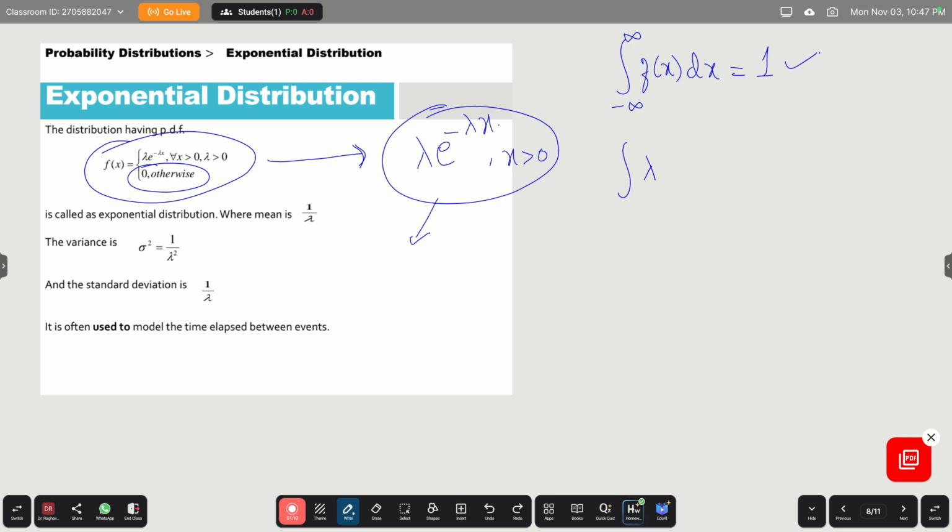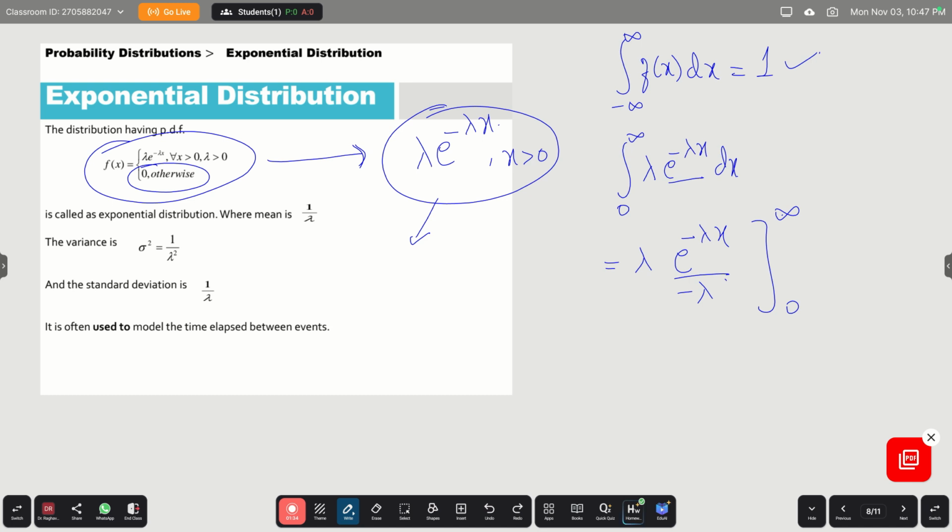We can check lambda e power minus lambda x integrated from 0 to infinity, because from minus infinity to 0 it is 0. It's a very simple integration. Lambda is a constant that can be taken out, and e to the power minus lambda x integrates to e power minus lambda x divided by minus lambda, from 0 to infinity.